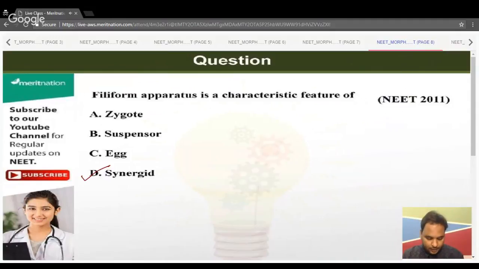That is the reason this is an important question, both from your reproduction point of view as well as from your morphology. One of the synergids normally gets destroyed when the pollen tube enters the embryo sac.